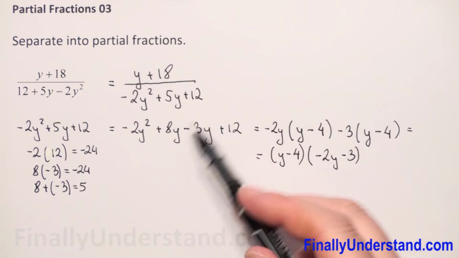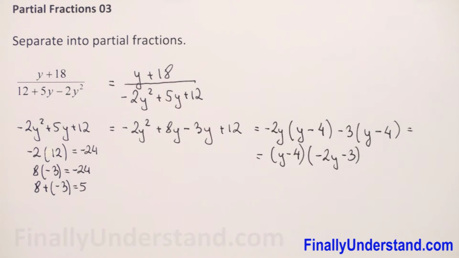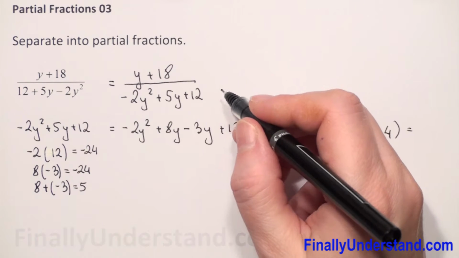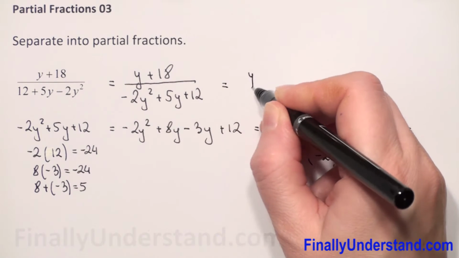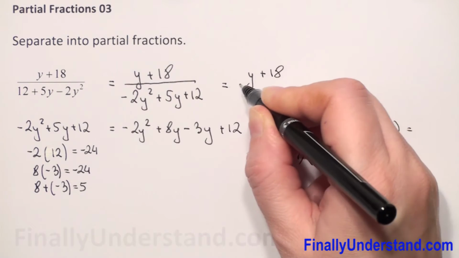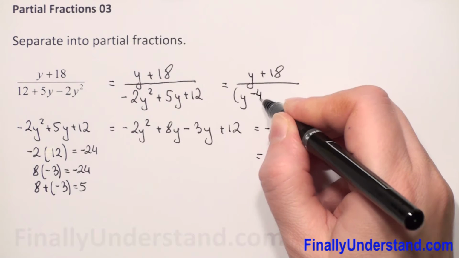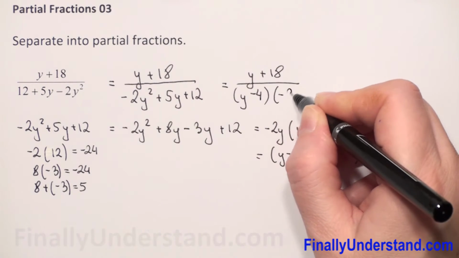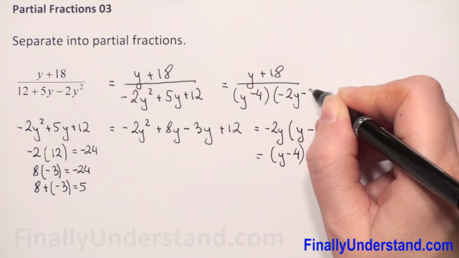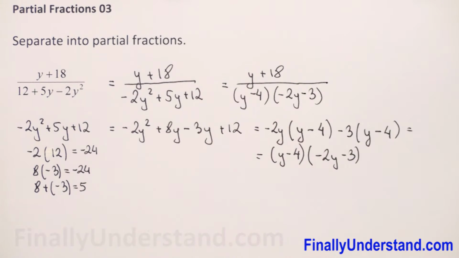So we factorized our denominator. We can rewrite that this is now equal: y plus 18 we copy, and the denominator will be y minus 4 times negative 2y minus 3.